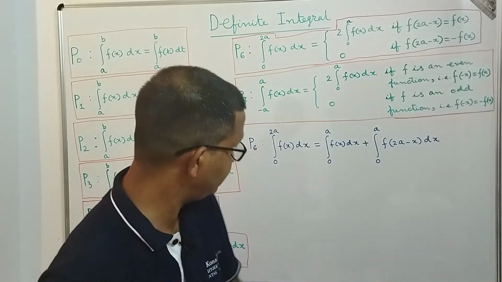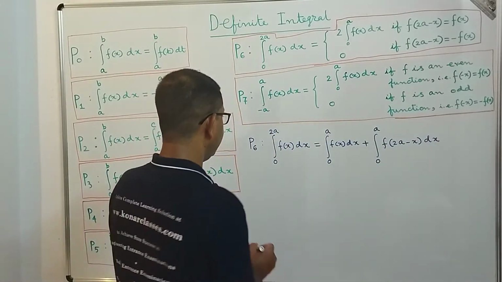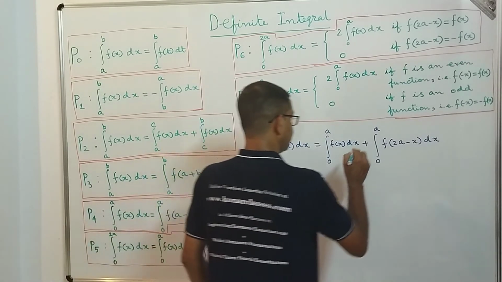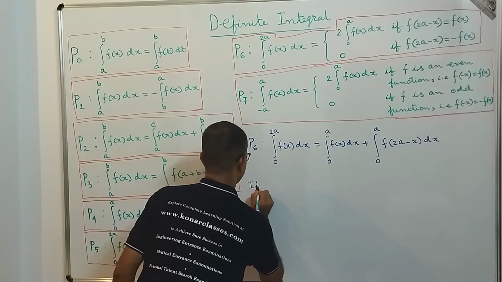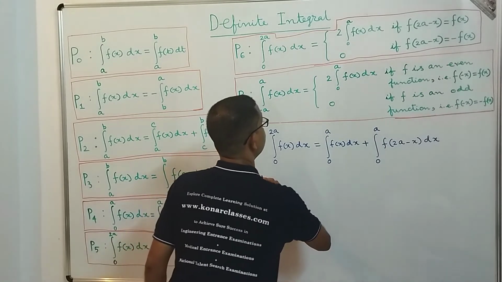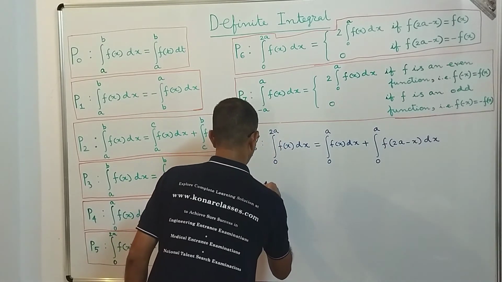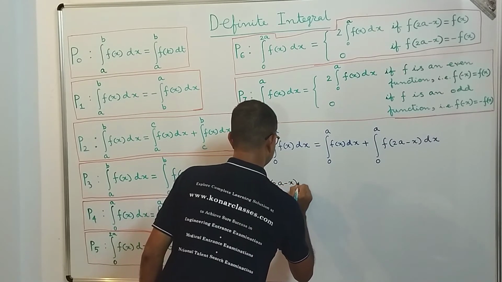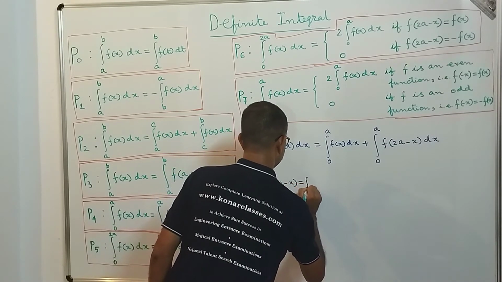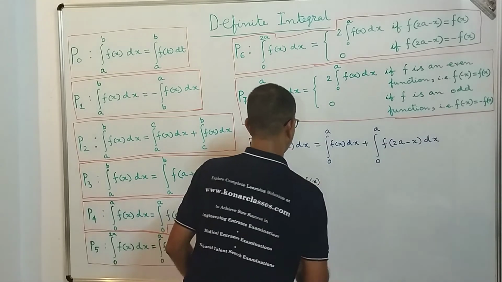So what I am writing here is that if f of 2a minus x is equal to f(x), what are we going to get?